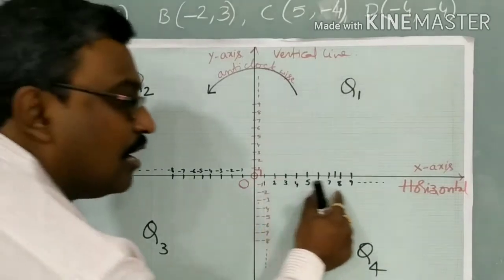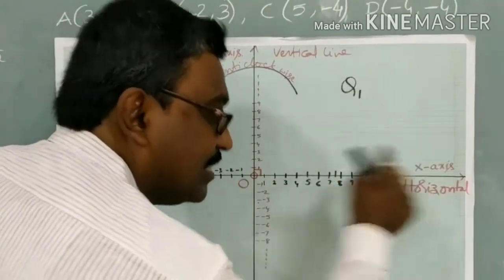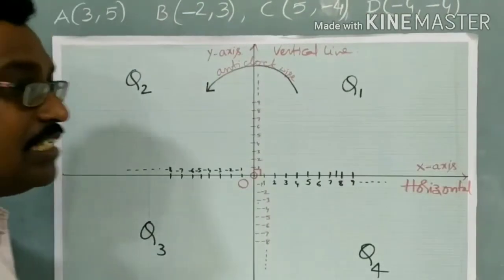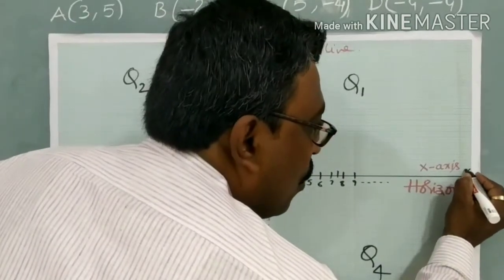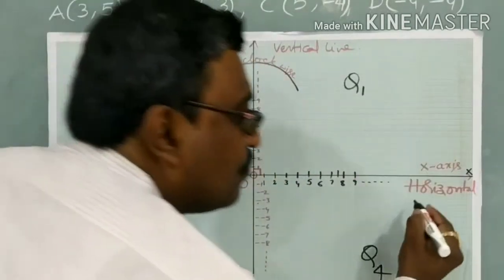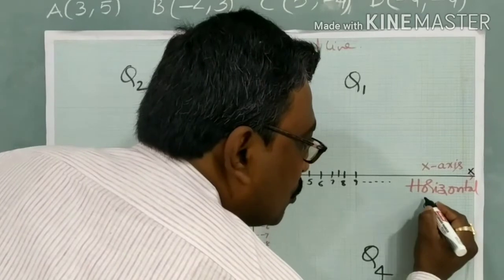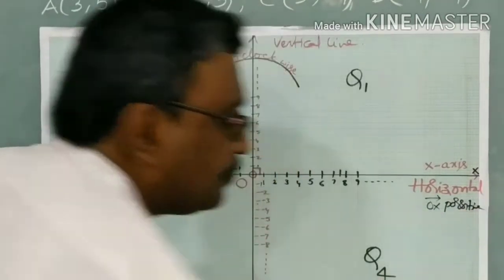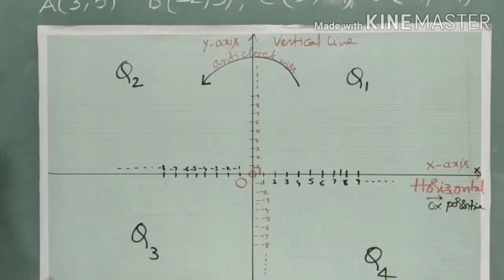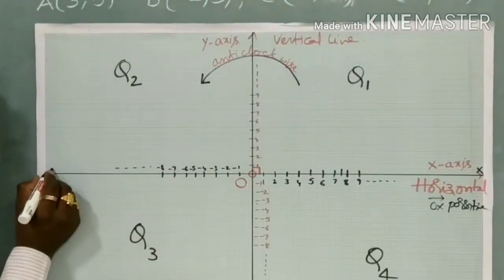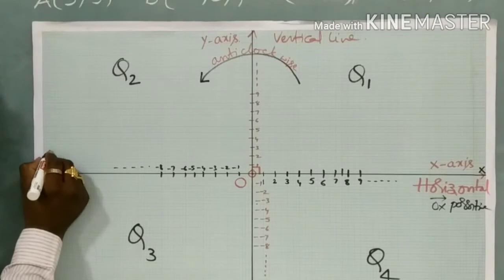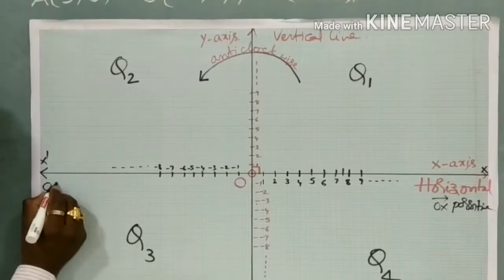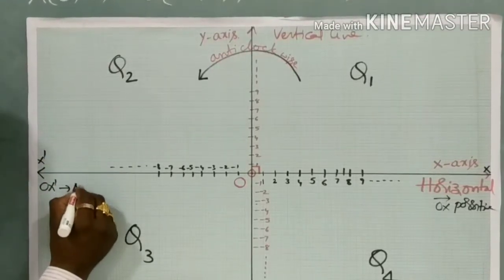The positive side is OX. This side of O is negative, X dash, so OX dash is negative.